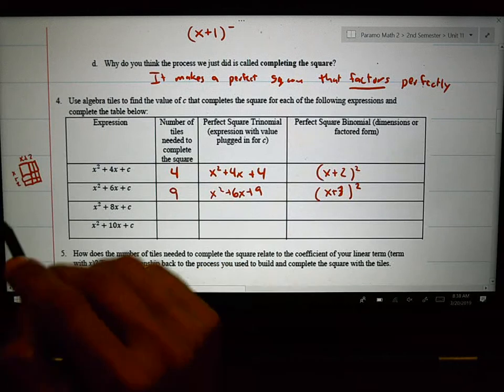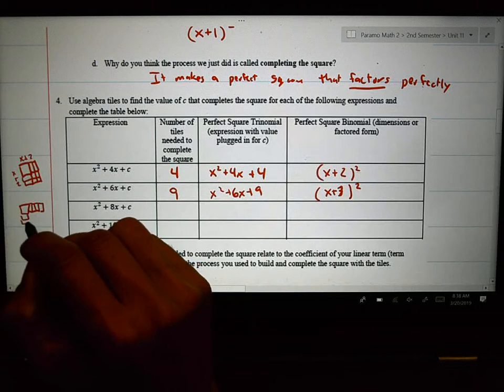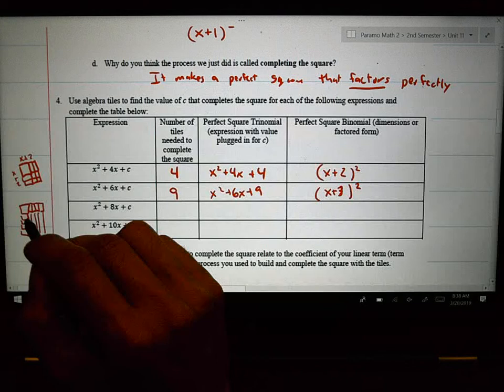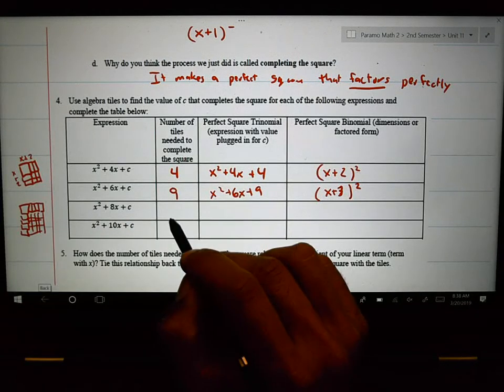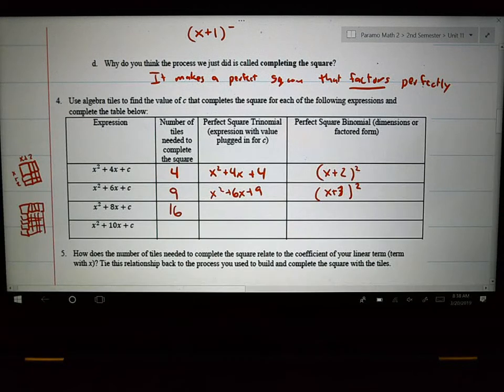Now, if I have the 8x, 1, 2, 3, 4, 1, 2, 3, 4, I'm hoping you know how many are going to be needed to fill in that spot. How many? If you said 16, you're correct.